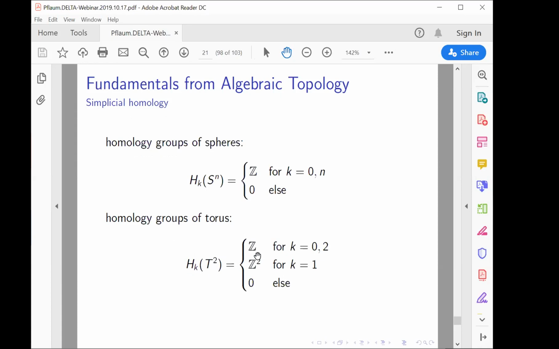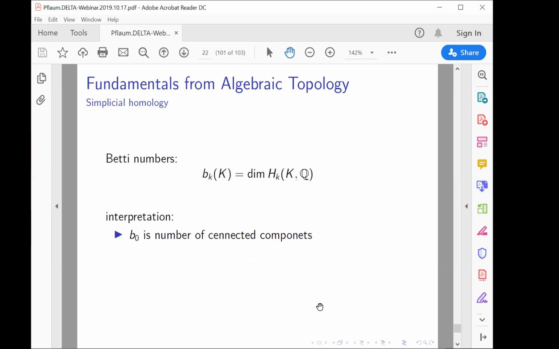In degree 0, the number is 1, for k is 1 the number would be 2, for k is 2 that would be 1, and it will be 0 otherwise. And how can we interpret those Betti numbers? The number of components.